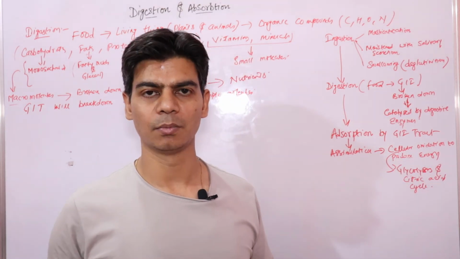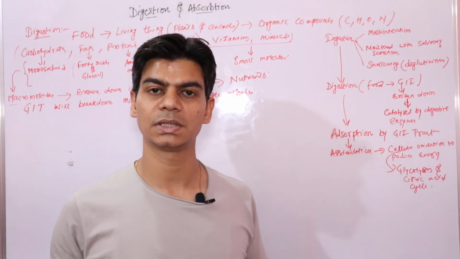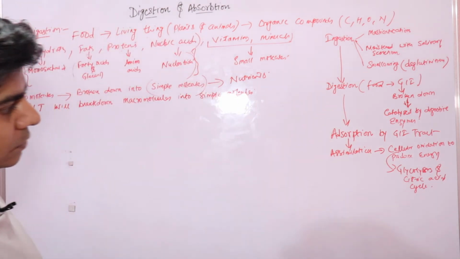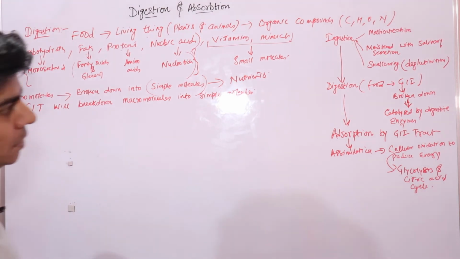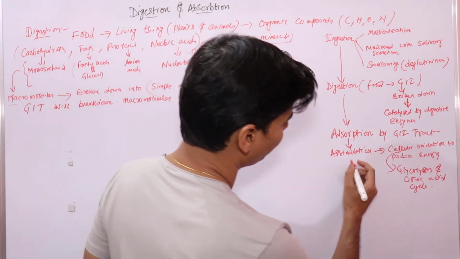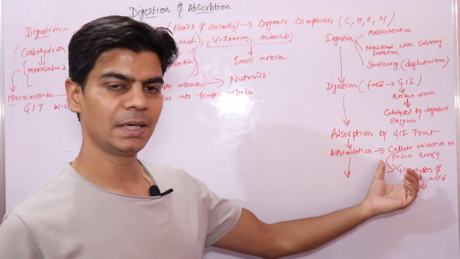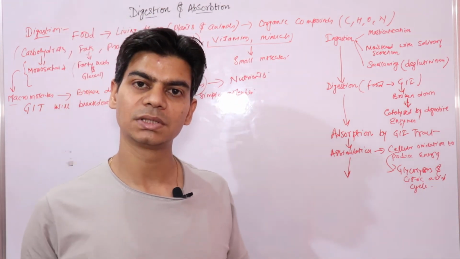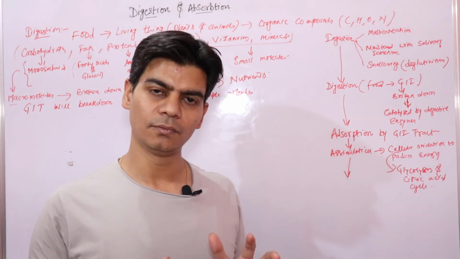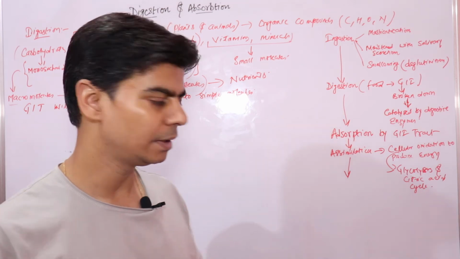to produce ATP molecules, which is the storehouse of energy. ATP molecules are energy, that gives us energy. Then there is the citric acid cycle also, that we would not be discussing in this chapter, but just to let you know. Then after the food is absorbed and assimilated, the undigested food, which is the food residue, would be pushed into the anus and come out through the anal opening.